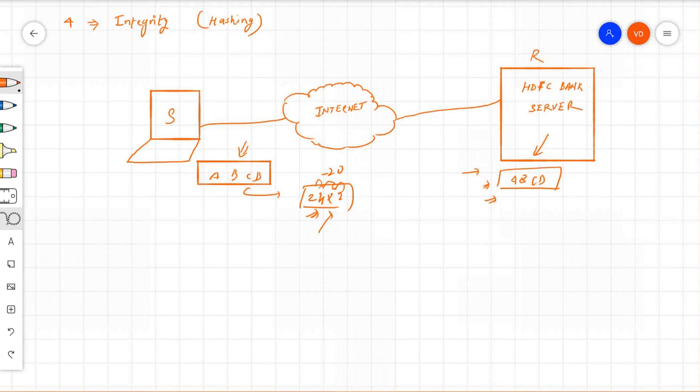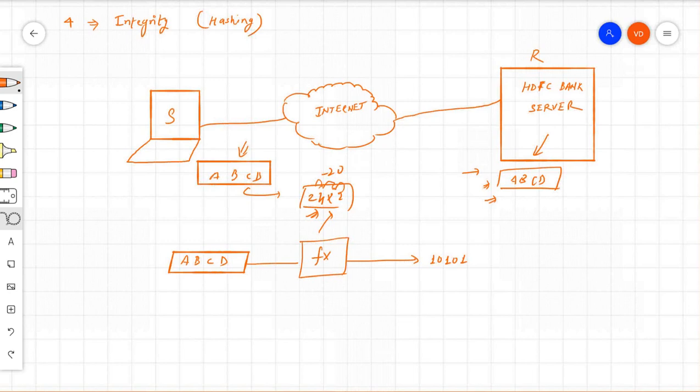For that, mathematics is important everywhere, and whatever we are learning together all comes under mathematics and advanced mathematics. So what we have to achieve this is, suppose I have a message which is ABCD. I pass it through a function, which is again a mathematical function, which generates a value, say 10101.